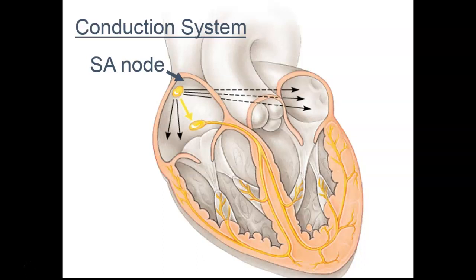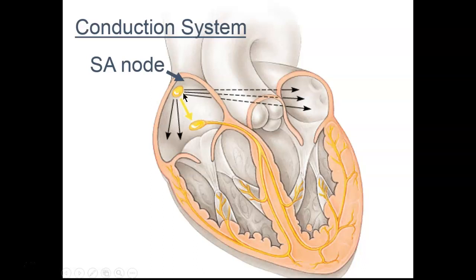So the sinoatrial node, that first patch of autorhythmic cells here in the right atrium, the cells are going to self-depolarize. What does a muscle cell do when it depolarizes? It contracts. Remember, the job of the heart muscle is to contract and push blood out.